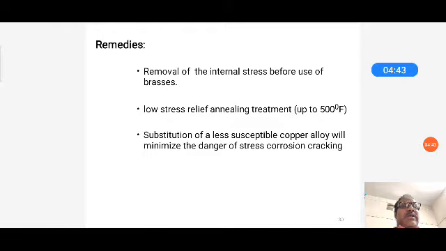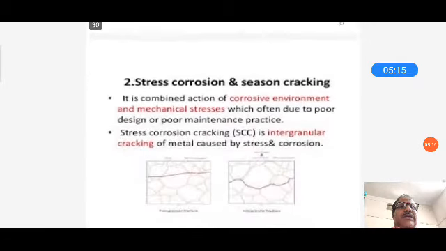And also thirdly, the substitution of less susceptible copper alloys will minimize the danger of stress corrosion cracking. We take this before the brass manufacturing process. That is the remedy.